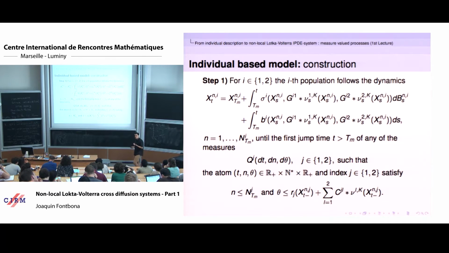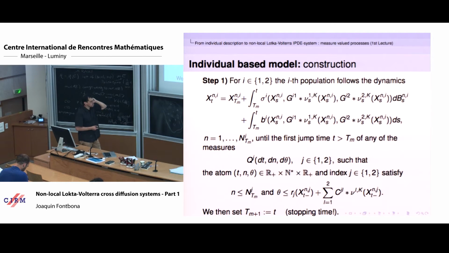So the total rate at which something can occur is the rate at which an individual can give birth, reproduce, and the rate at which it can die. Okay? So we put a T minus here because we look at what happened just before, where individuals were just before the atom. And when that happens, okay, I have a jump time, and I set T_{n+1} equal T. Okay, so T was the instant at which I found this atom. Okay?